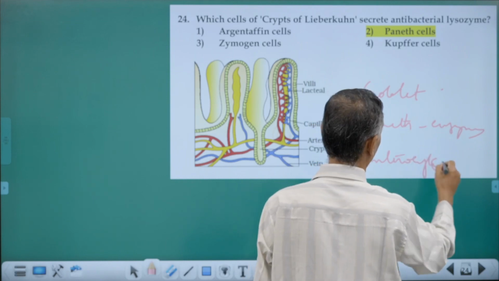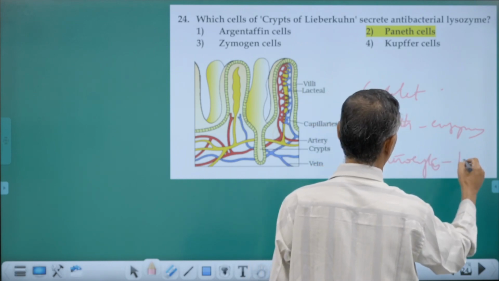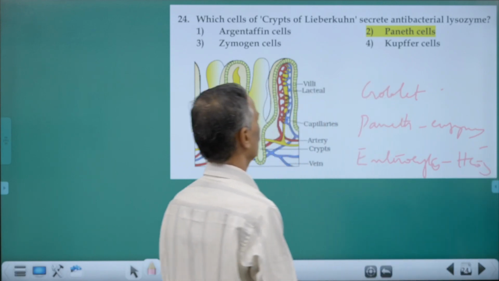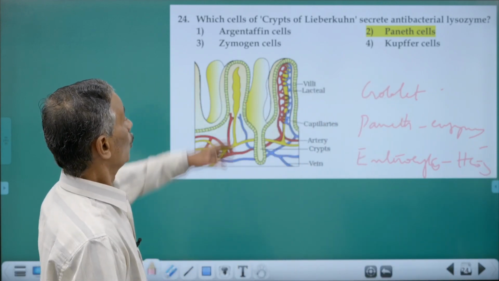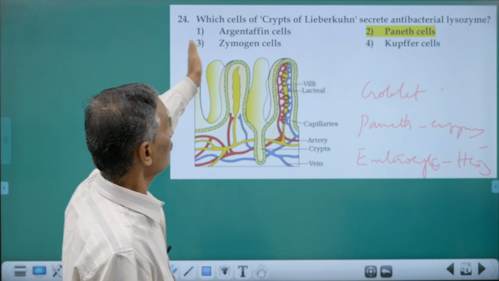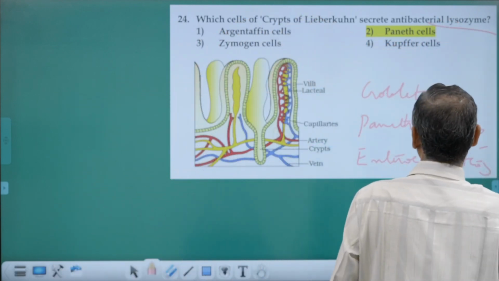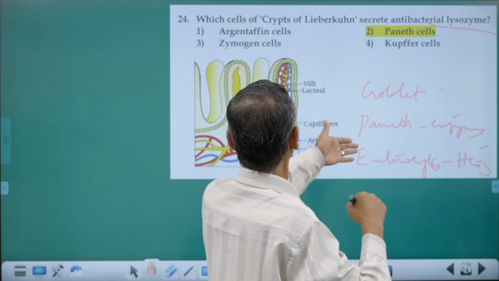Enterocytes produce bicarbonate and watery secretion. So here the question is antibacterial lysozyme, which is an enzyme. All enzymes are produced by the Paneth cells.